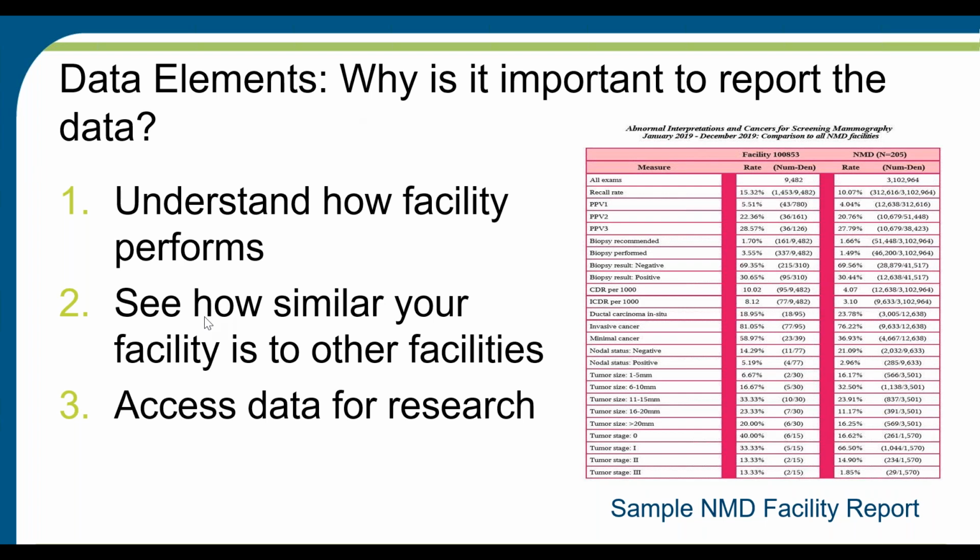It shows how your facility is doing on these different parameters, and how you compare to other facilities in the National Mammography Database. Accurate information in is critical to accurate information out, for both you and for the other facilities you are going to be compared to.